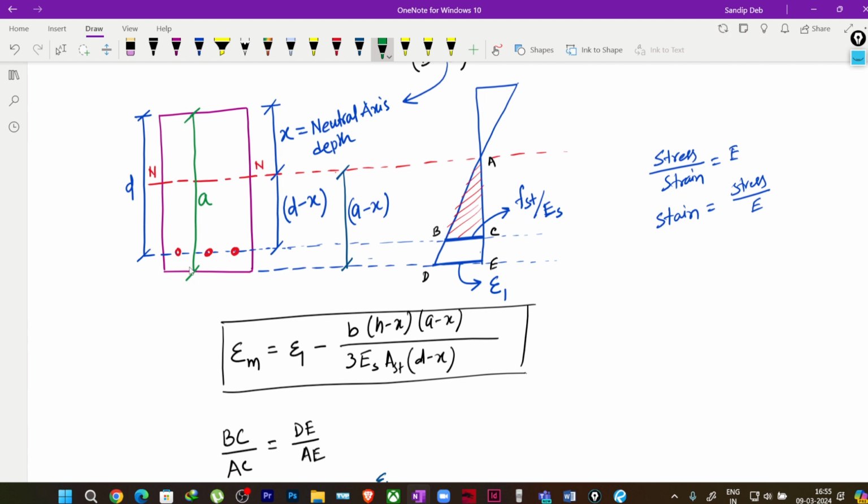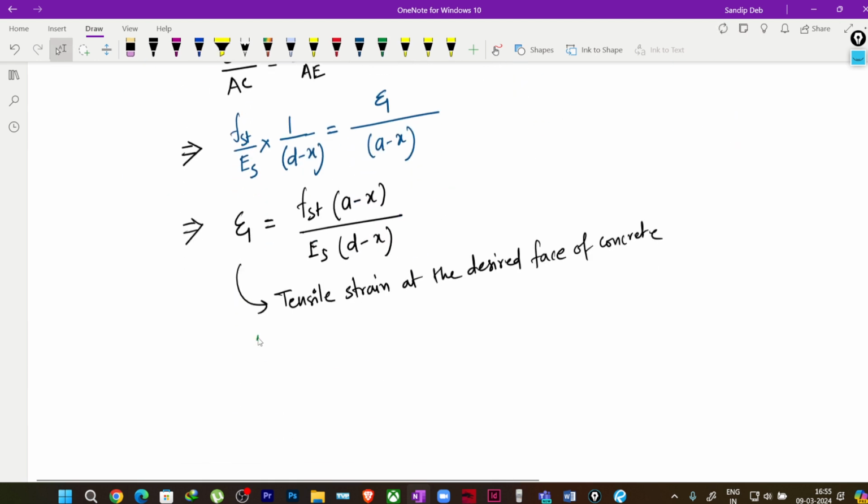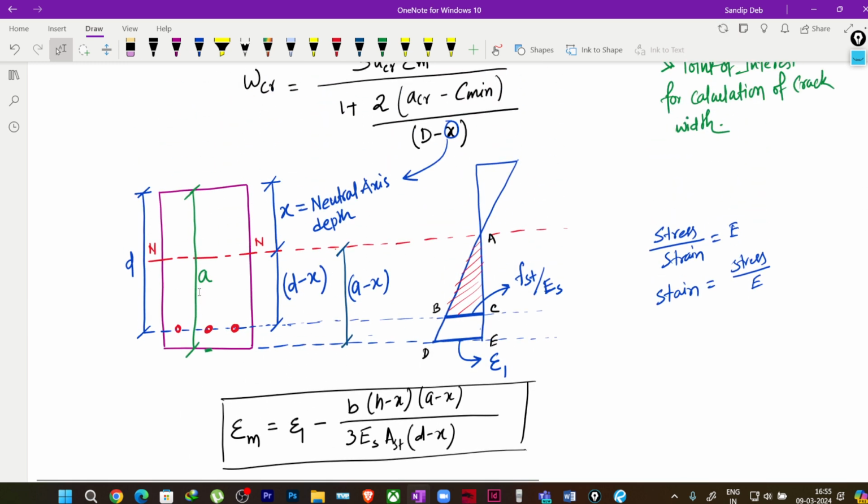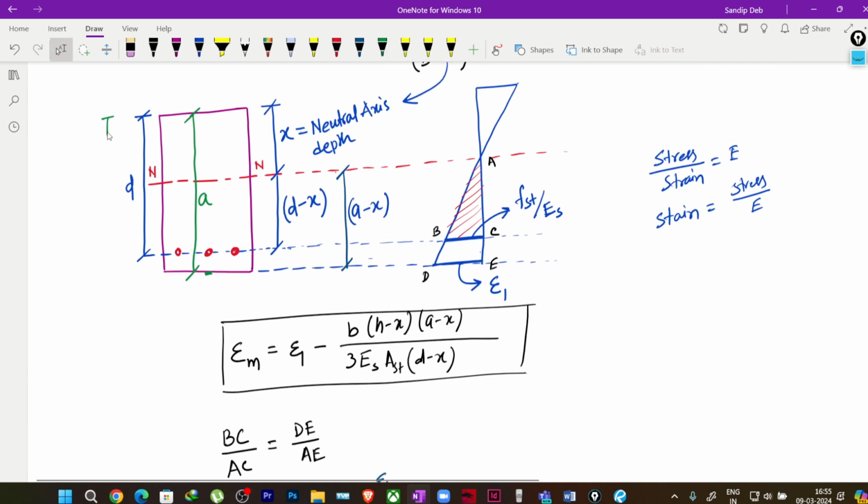Now as we are finding at this particular phase, here we know a equal to d. So as a equal to d, because we are finding out at this particular phase, correct? So it is very obvious that a equal to the total depth of the member, which is the d.